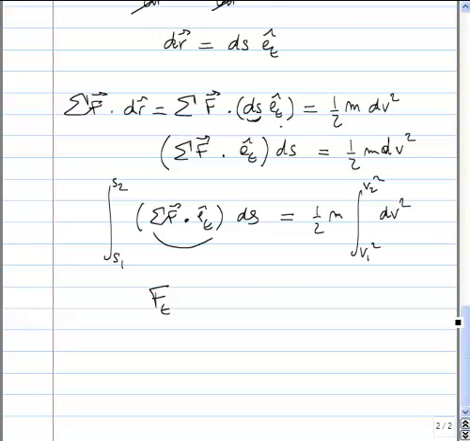Therefore, this reduces to integral from S1 to S2 only the tangential component of the forces, ds, is equal to our usual 1/2 m v2 squared minus 1/2 m v1 squared.